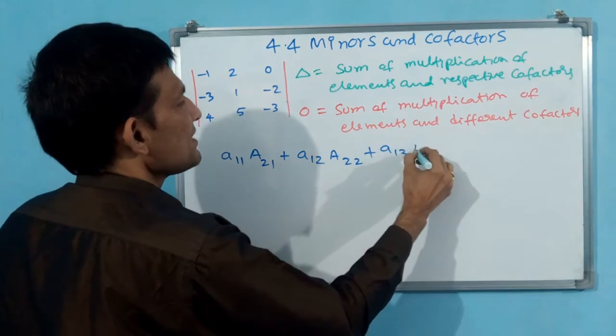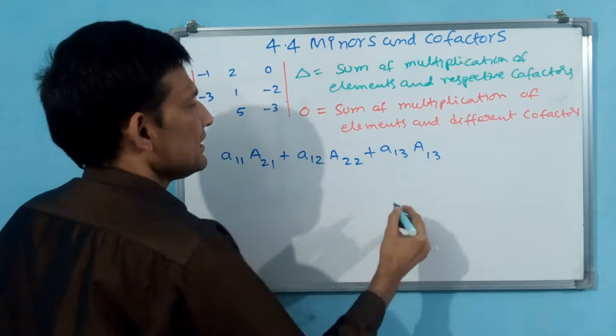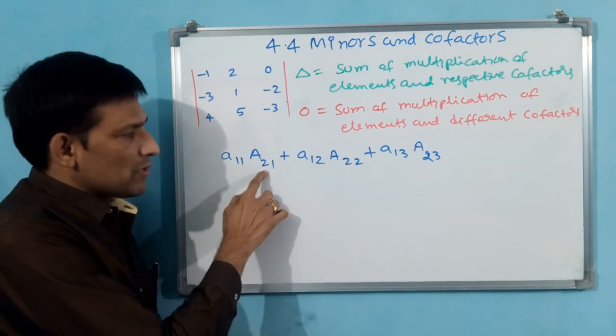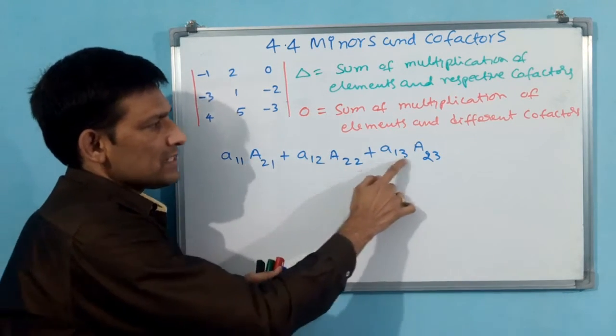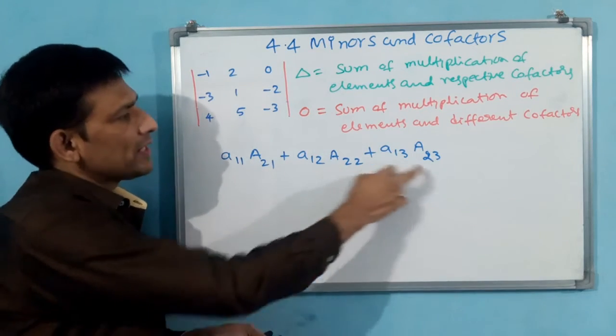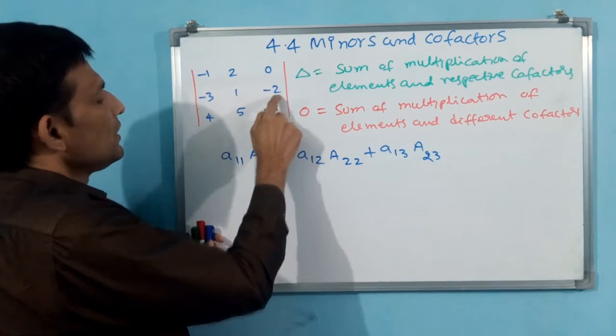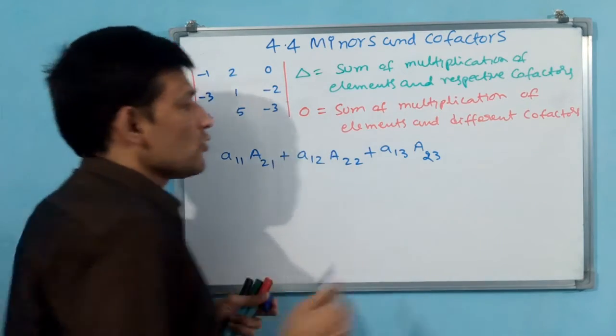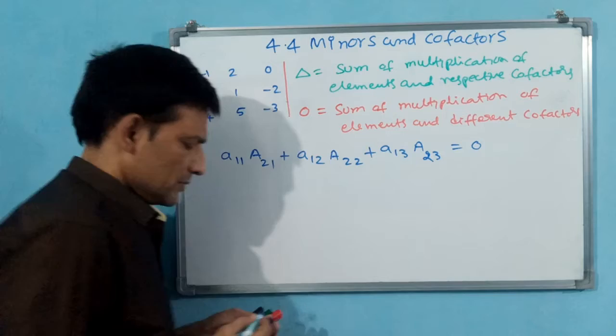First row element, second row cofactor, A23, sorry. Now you see 1 1 is there but 2 1 is there, 1 2 is there but 2 2 is there, 1 3 is there but 2 3 is there. That means these cofactors belong to the second row, elements belong to the first row. Then the value of this is going to become 0.